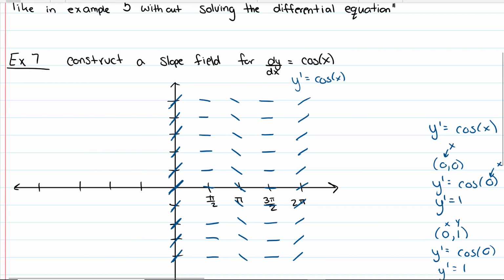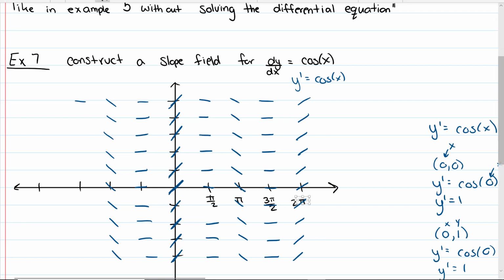And if you reverse that, cosine of negative pi over 2 is also going to be 0. Cosine of negative pi is going to be negative 1. Cosine of negative 3 pi over 2 is also 0.